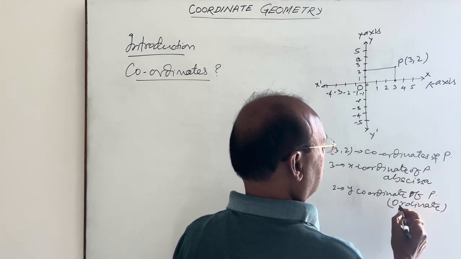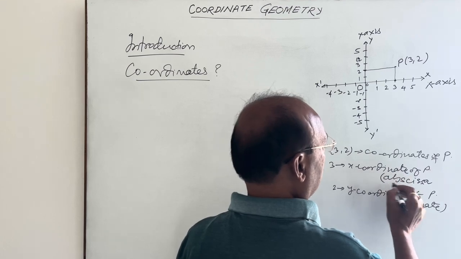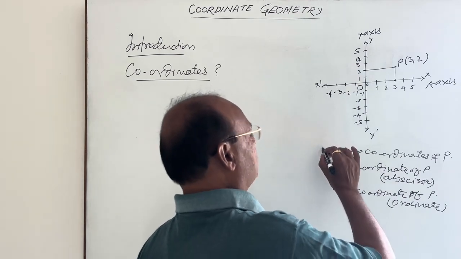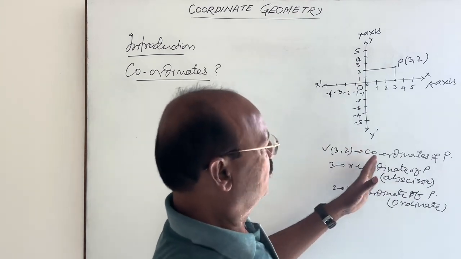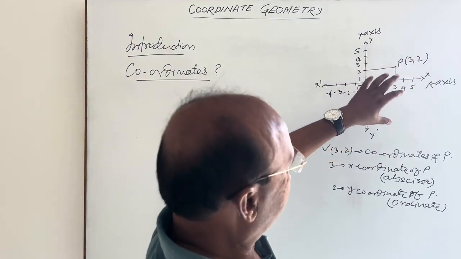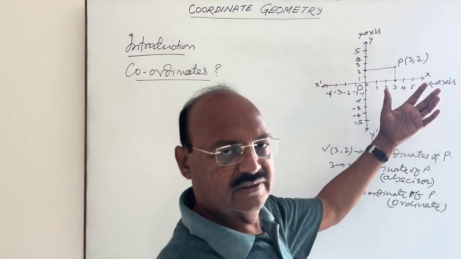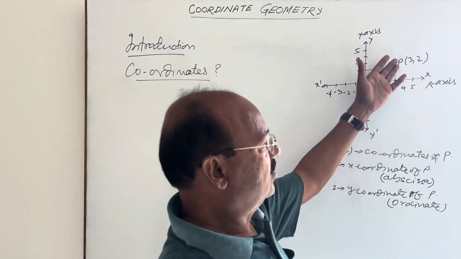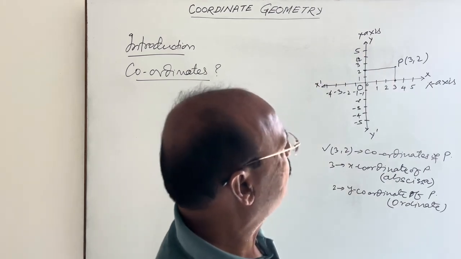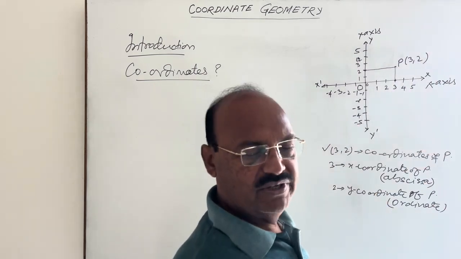Y coordinate of P or ordinate. 3 is x coordinate of P or abscissa. So now this is clear that this ordered pair 3, 2 is known as coordinates of the point P. With respect to different points, we will get different coordinates depending upon the distance of the point from x-axis and distance from y-axis. This is important to note that all these coordinates of P are positive here.